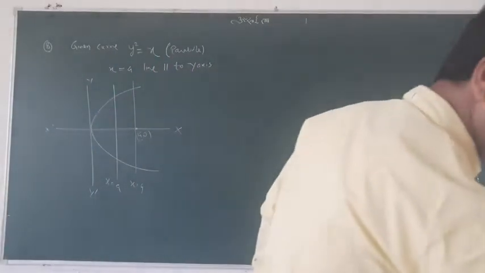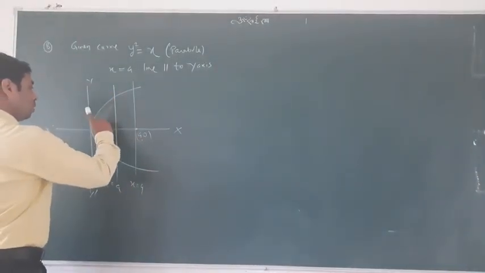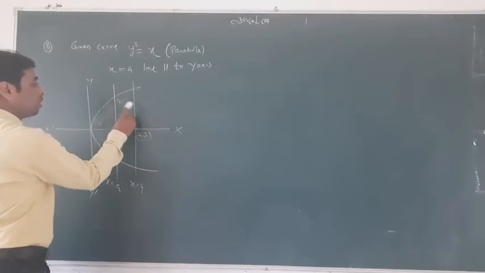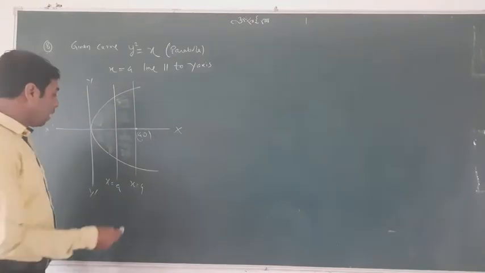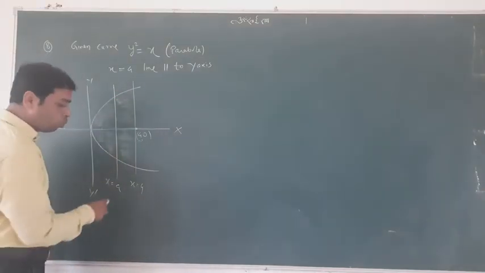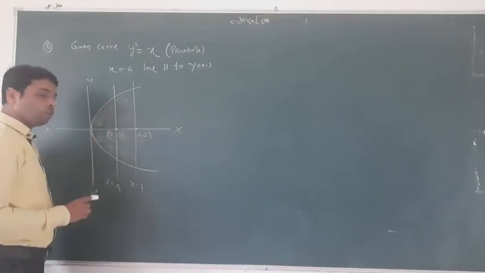Can you understand that this area and this area are equal? These two areas are equal, and who divides the whole area into equal parts? X equal to a. So this point is none else but a comma 0.